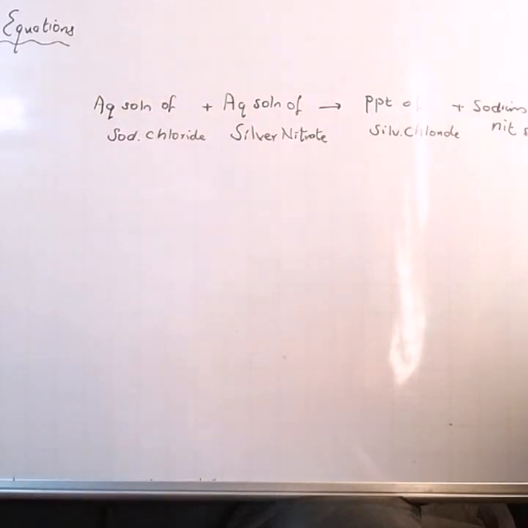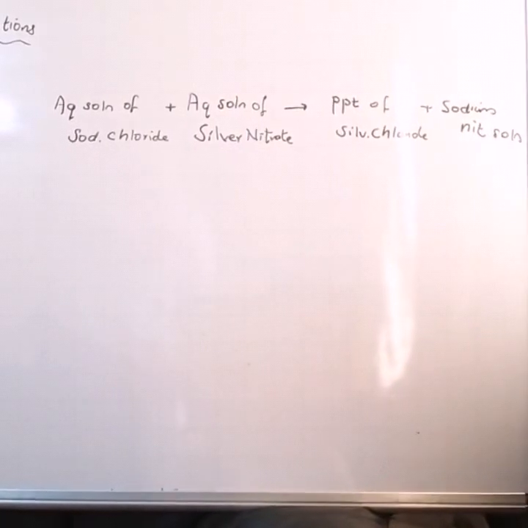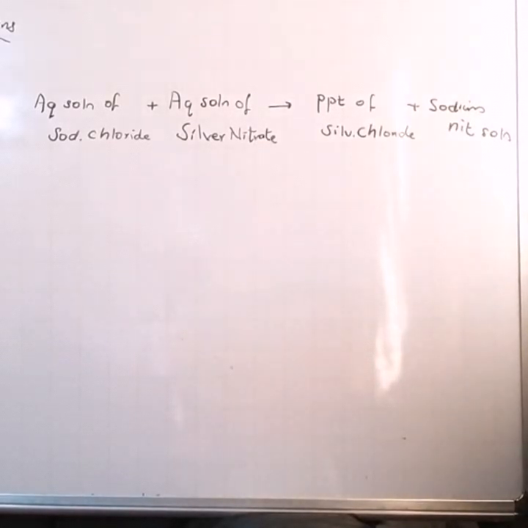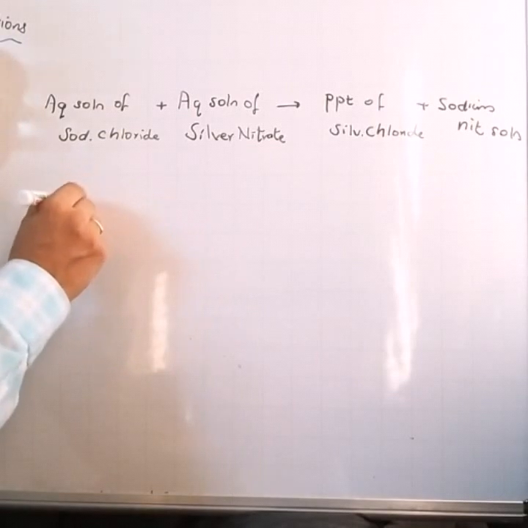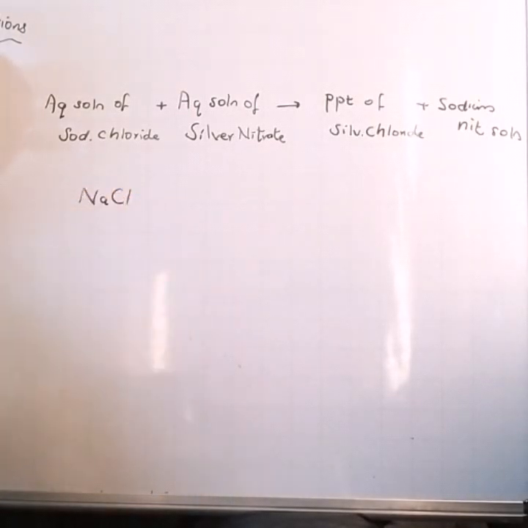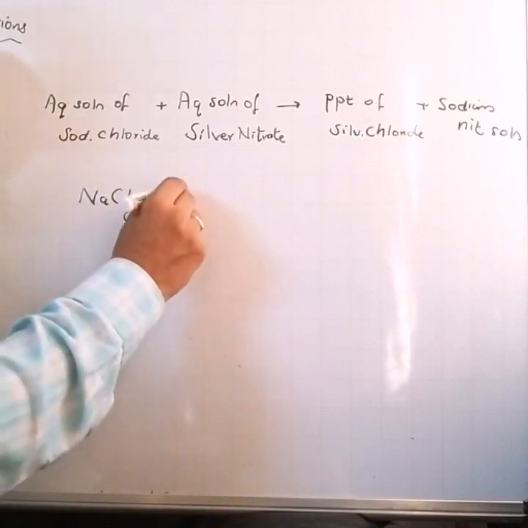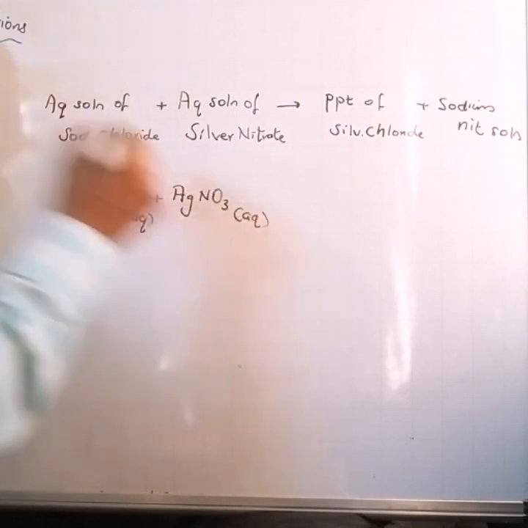Here I have written the chemical reaction in words. Okay, this is how I write the chemical reaction in words. Aqueous solution of sodium chloride reacts with aqueous solution of silver nitrate to give precipitate of silver chloride and sodium nitrate solution. Now I'll write this in chemical equation using formulas for reactants and products. So first I'll write NaCl, which is in aqueous state, plus AgNO3, which is also in aqueous state.